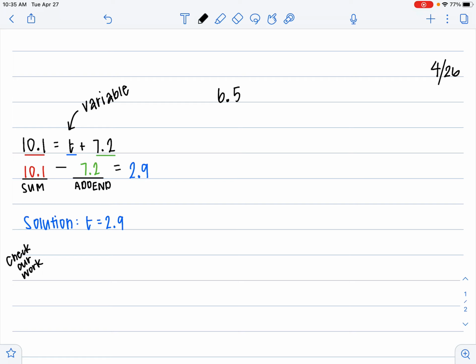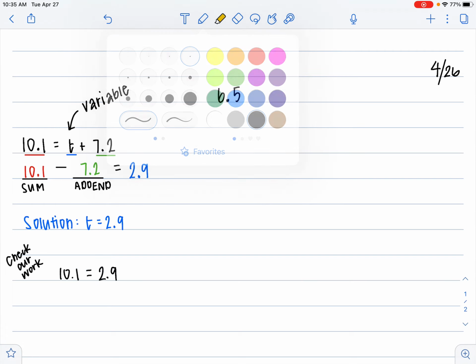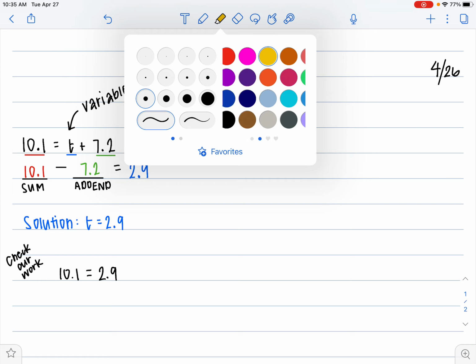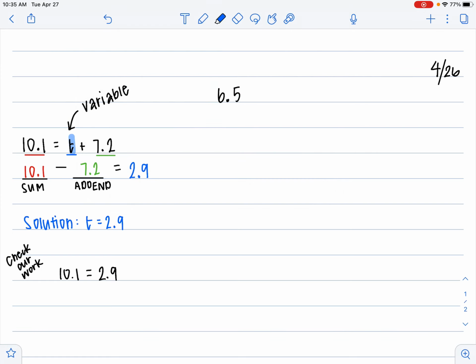We can simply rewrite the equation 10.1 equals 2.9 this time because I replaced my t with 2.9 plus 7.2. And you might want to ask yourself, okay, is this true? Does 2.9 plus 7.2 equal 10.1? It does. So we know that we have the correct value for t.